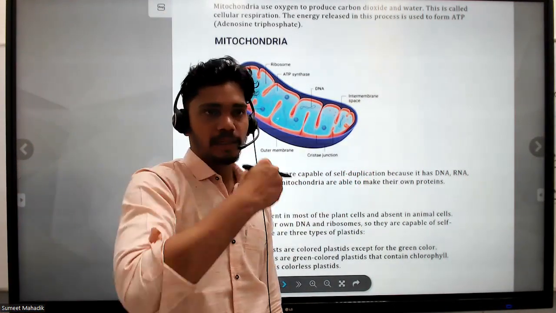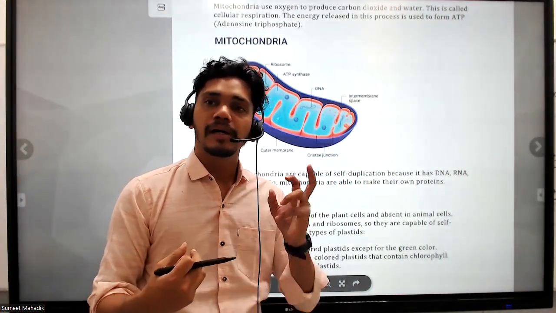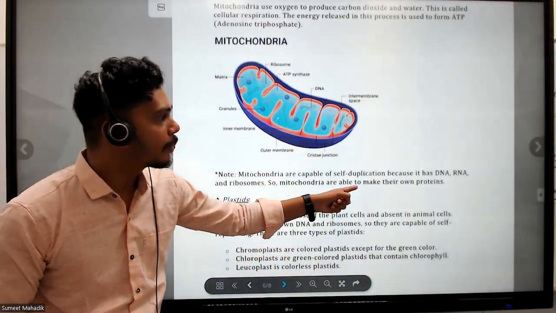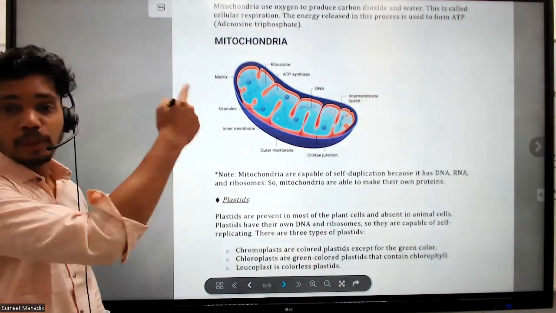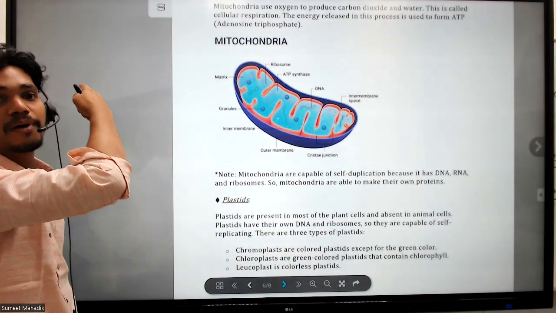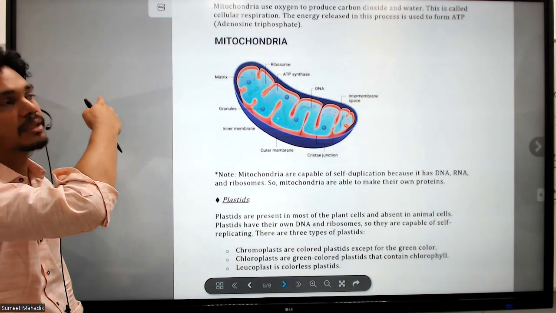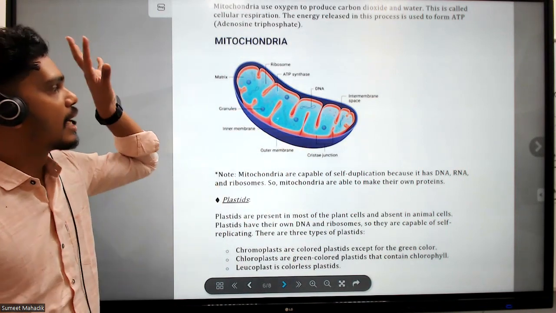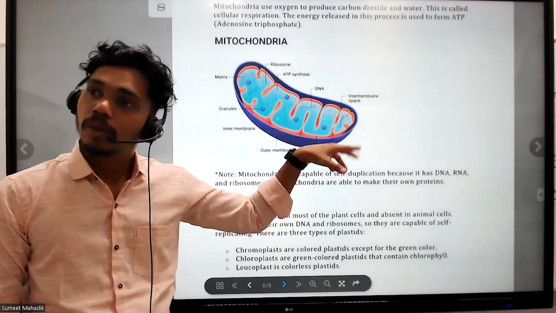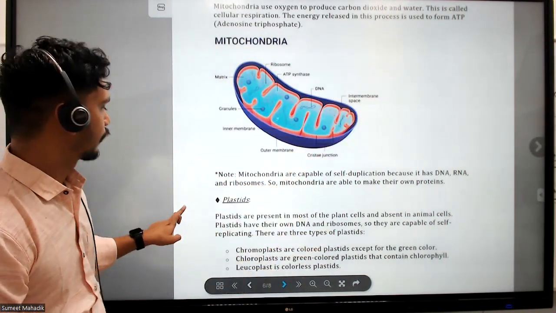So in the cell, which organelle is able to reproduce on its own? Mitochondria. So mitochondria are able to make their own proteins. They do not depend on the rough endoplasmic reticulum for protein synthesis. They make their own protein because mitochondria need self-made protein to generate energy.